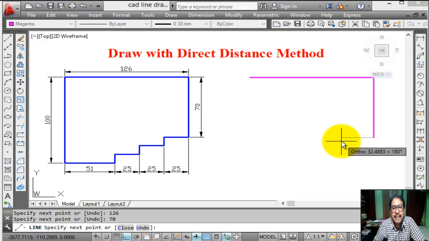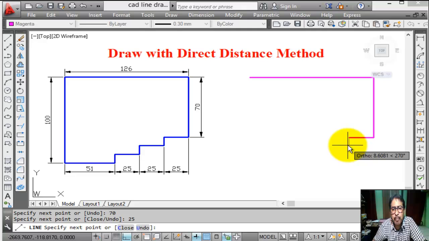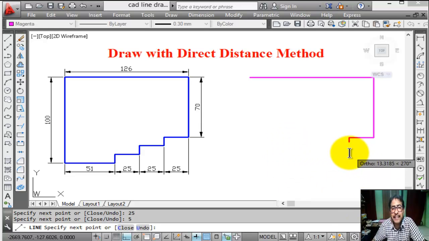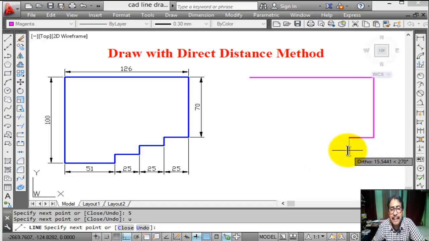Next, mouse to the left side, we type 25, enter. Next, mouse in the bottom direction, we type 5, enter. Okay, for any mistake, it will be 10. By mistake, it is 5. Then we type U, enter.